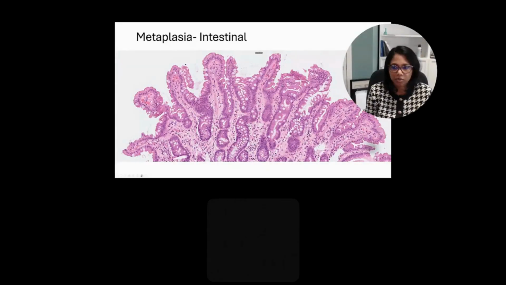So I would say that would go with complete metaplasia, and it tends to be the more indolent. The incomplete type of intestinal metaplasia has a higher risk of cancer progression, or at least certain research has shown as such.